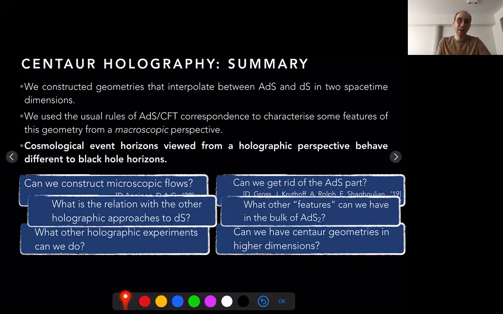And more generally, in these two-dimensional gravity theories, what other features can we have in the bulk of AdS2 is an interesting question to think about. We are particularly interested in de Sitter, but you can think about other things inside, especially because of this freedom that you have with the dilaton potential.